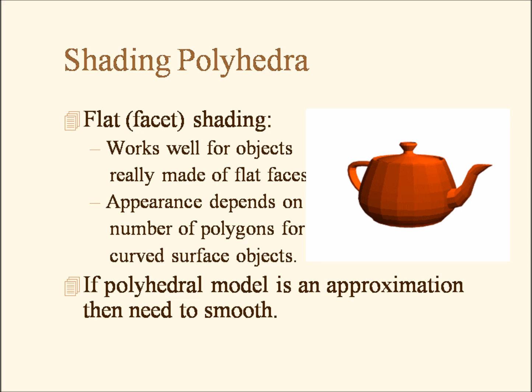You can view on the slide flat facet shading. It works well for objects really made of flat faces. Appearance depends on the number of polygons for curved surface objects. If the polyhedral model is an approximation, then we need to smooth. This shading is suitable for flat surfaces, and also suitable for curved surfaces, but the shading appearance depends on the number of polygons.